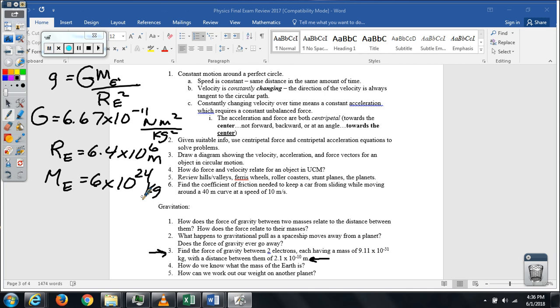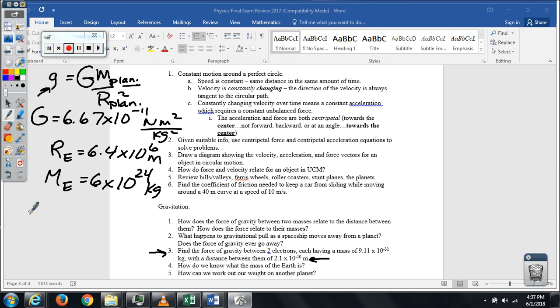If you want to work out your weight on another planet, you need to know what little g is on that planet. So if you have big G, you'd also need, instead of the mass of the Earth and the radius of the Earth, the mass of that planet and the radius of that planet. Once you know little g, that's the acceleration.